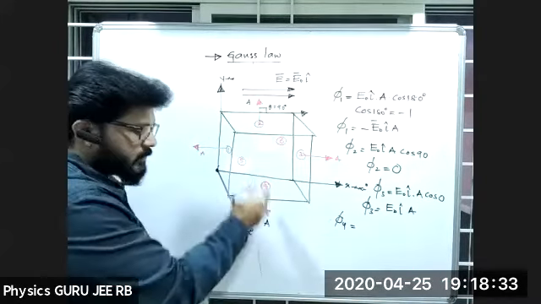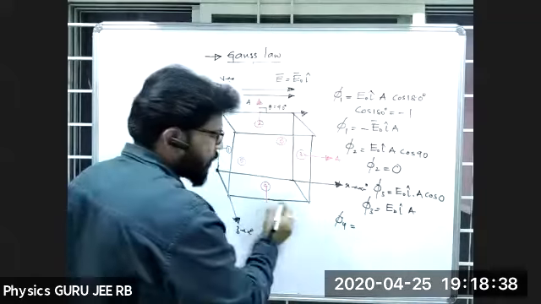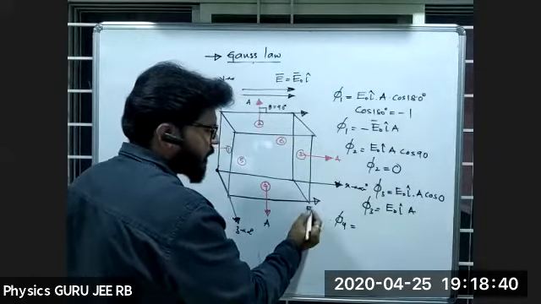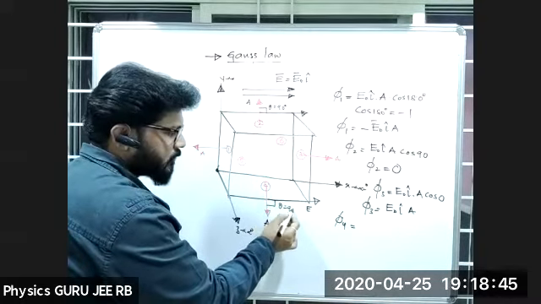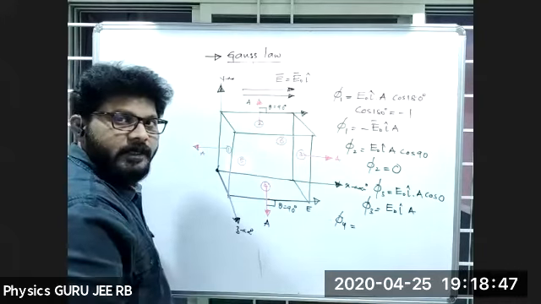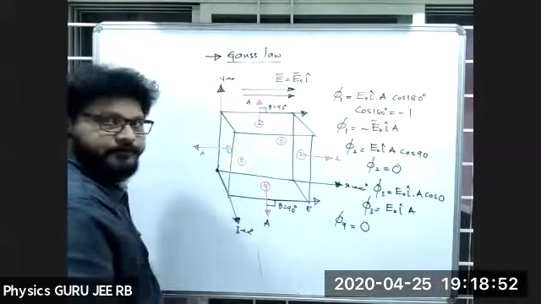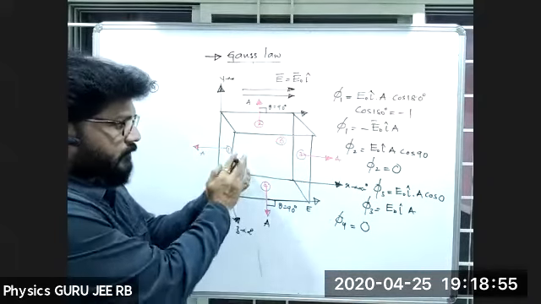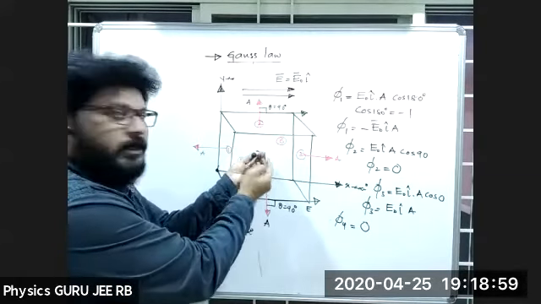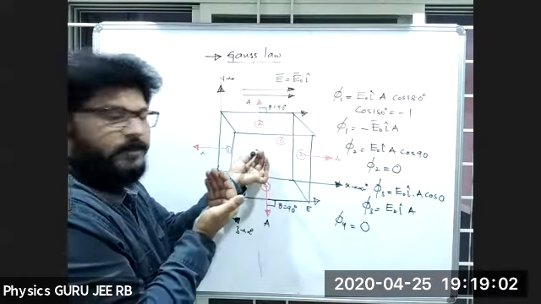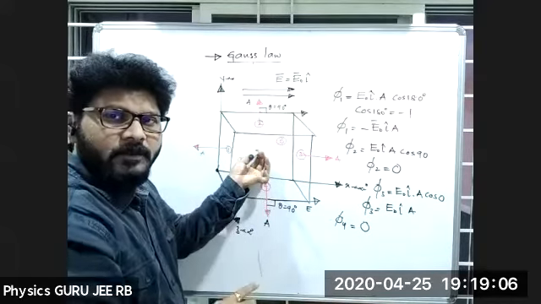For the fourth surface, the area vector is downwards and the direction of electric field is along the x direction. Again, theta is equal to 90 degrees.